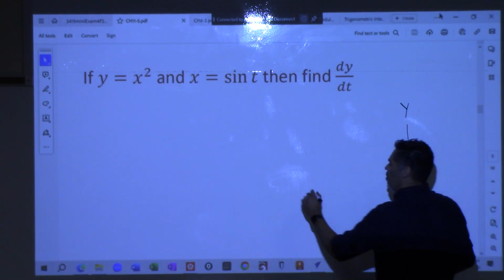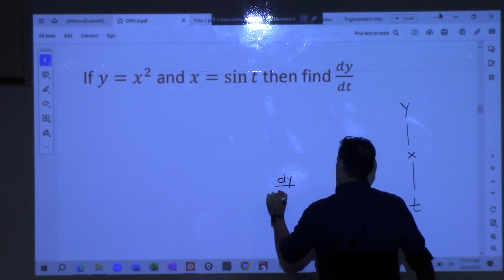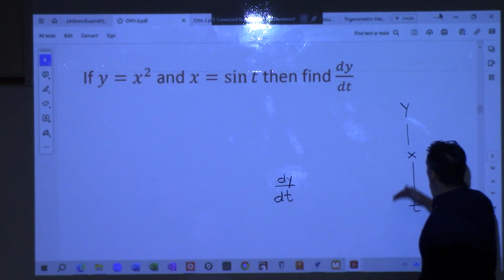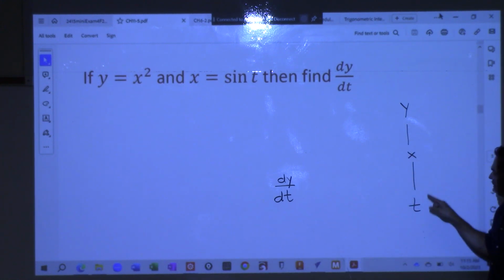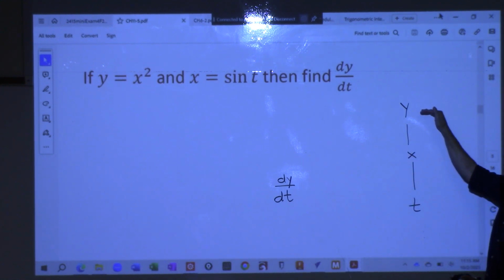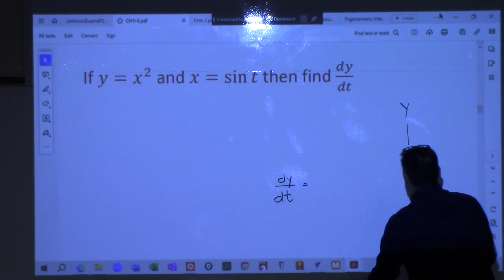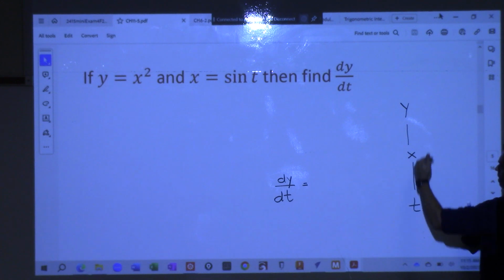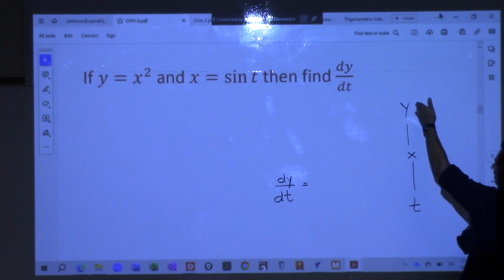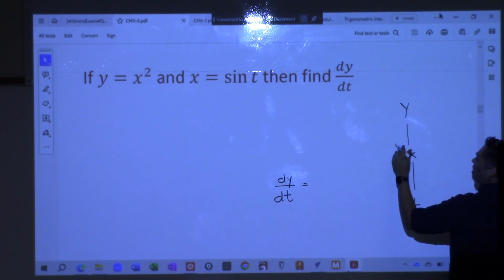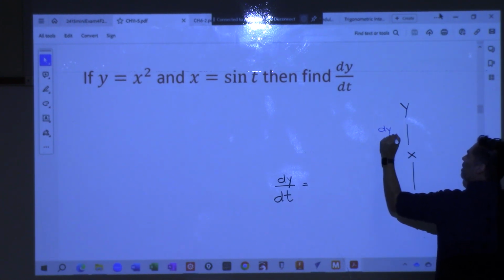So if I want to know what dy dt is, if I want to know how much that changes when I change this a little bit, then I'm going to look at this branch. From here to here, I have dy dx.